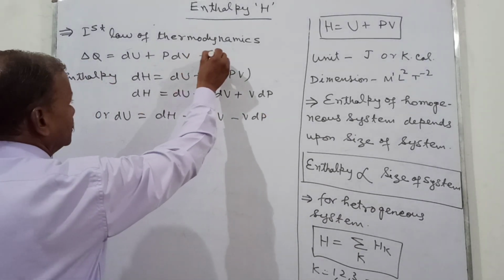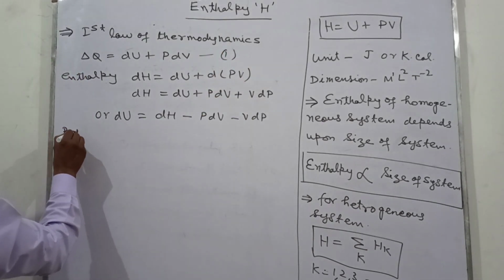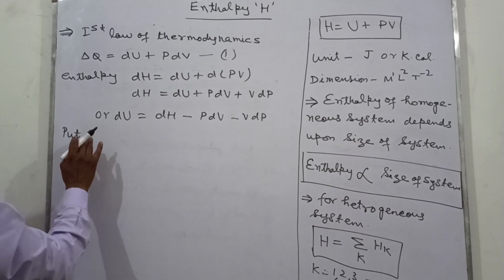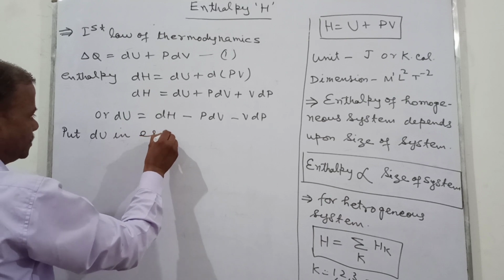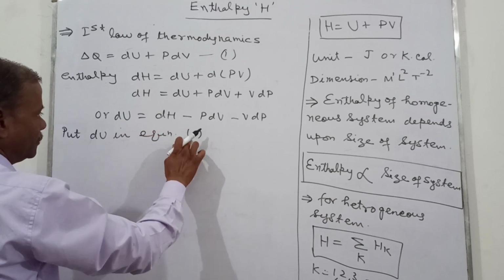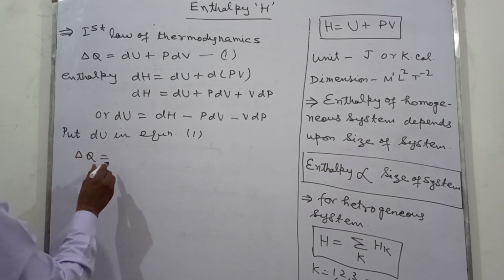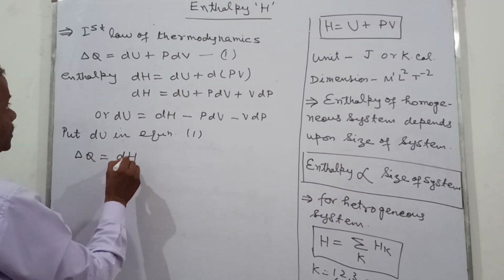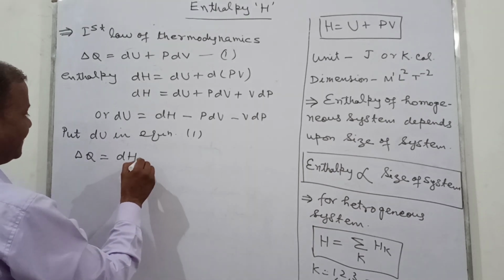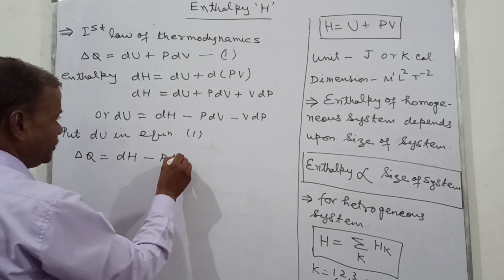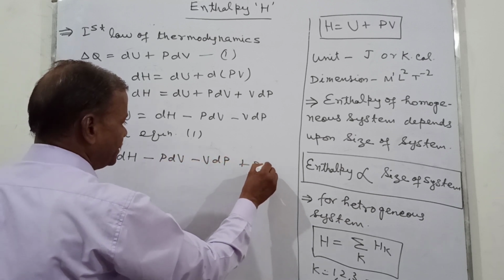So from now this is 1, now put dU in equation 1. What we have? This delta Q is equal to dH minus P dV minus V dP plus P dV.